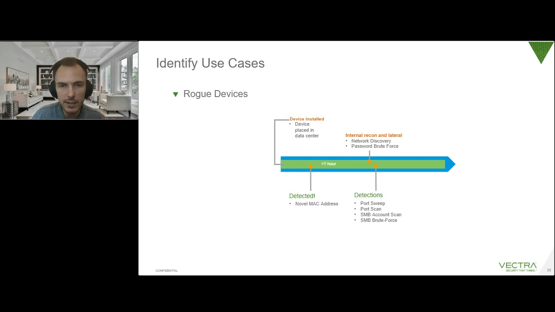Just like we'd expect, in Detect, we have detections: port sweep, port scan, SMB account scan, SMB brute force. These may differ a little depending on the device that's left behind, but in this particular example, this is what we had, right? So looking at this, an analyst can go and see the details and say, okay, this is definitely suspicious. Follow-up is needed.